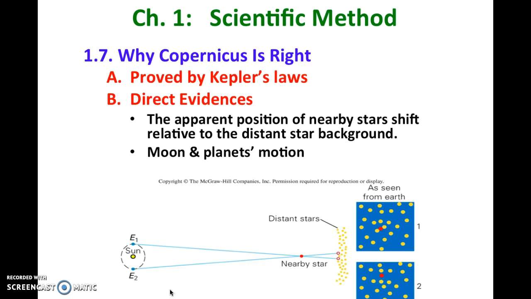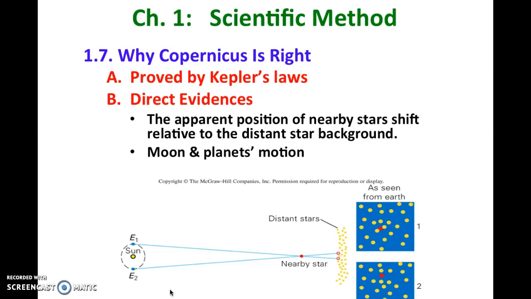Section 7. Why Copernicus is right. Why the Sun is the center, why the Earth revolves around the Sun. Theoretically, this can be proved in terms of Kepler's law. We don't need to go into detail on how to prove it, due to being complicated in math.